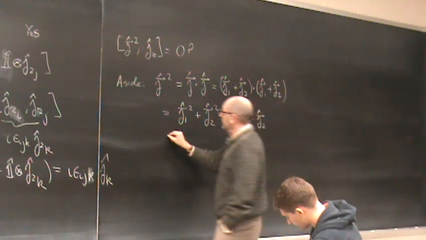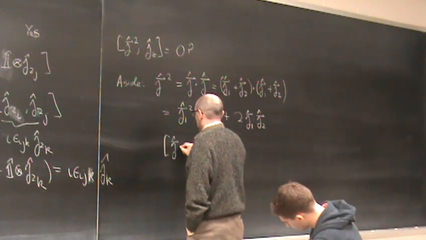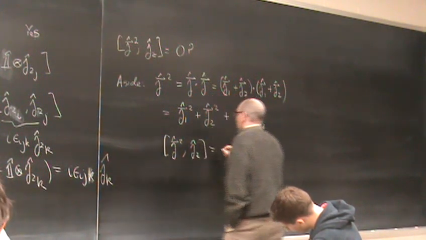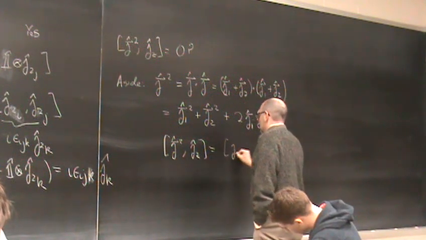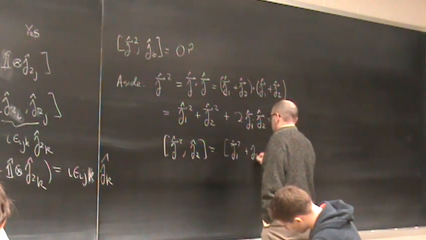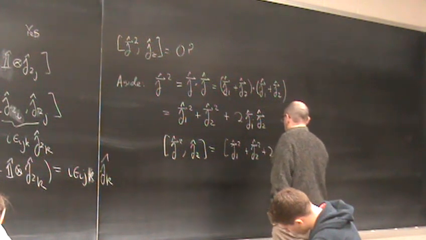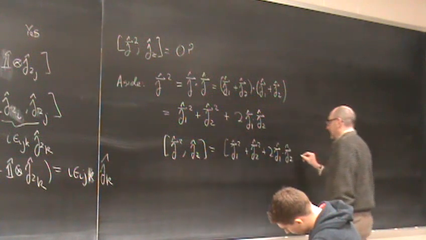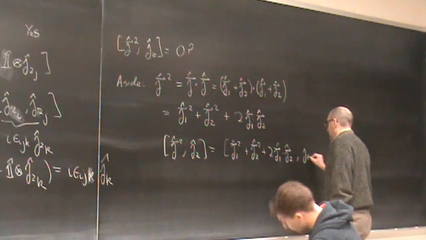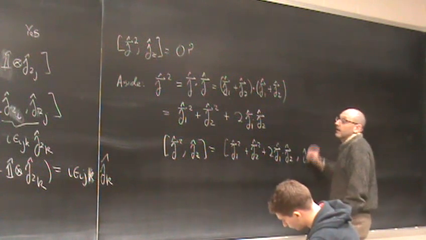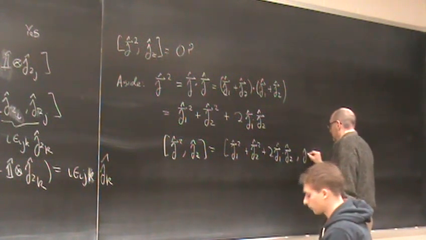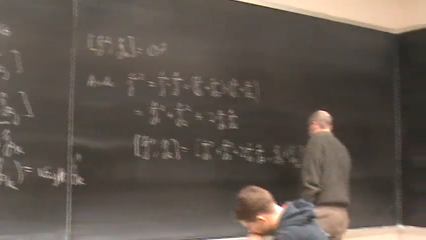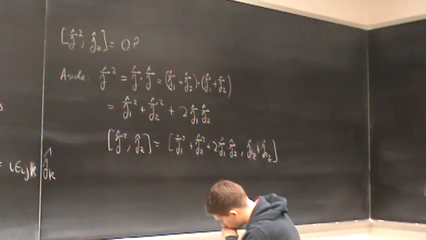So now we have J squared commuting with J z, which is equal to J1 squared plus J2 squared plus 2 J1 dot J2, commutator with J1 sub z plus J2 sub z, with all the tensor products kept in mind.